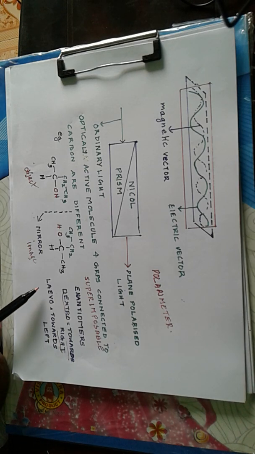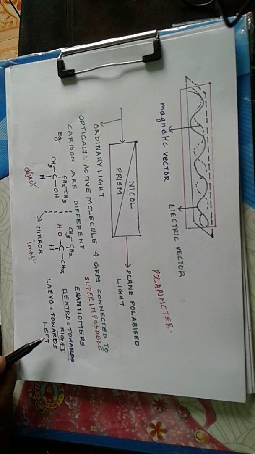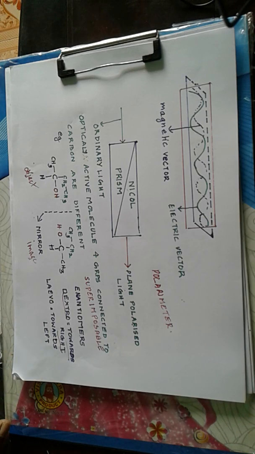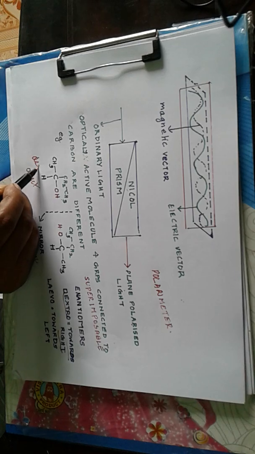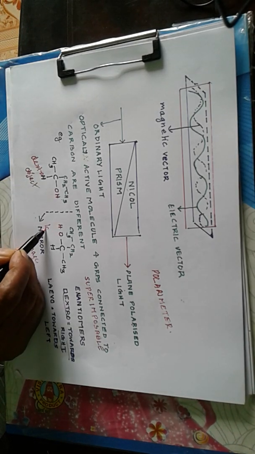And if an optically active molecule rotates the plane of polarization of plane polarized light, that is the plane containing the electrical vector, towards the left, then the molecule is said to be levo-rotatory. Levo means towards the left. So if this molecule is dextro, then this molecule will be levo.